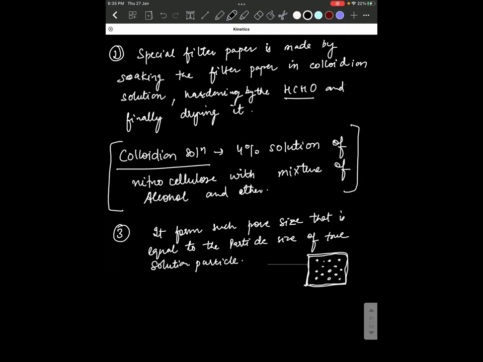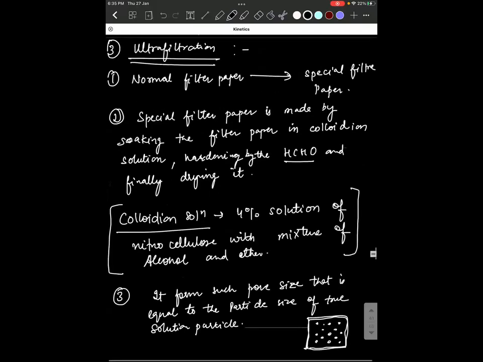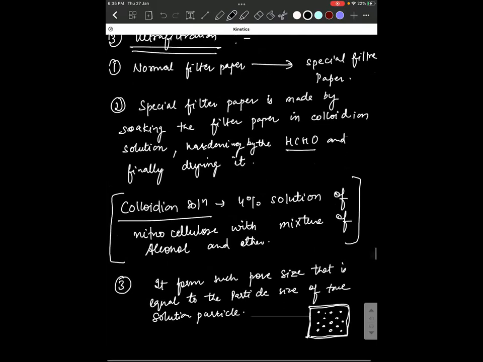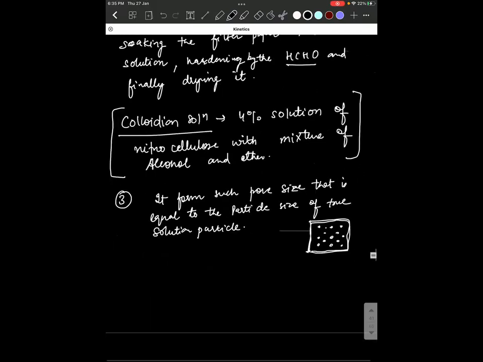So if I pass a mixture of colloidal particles and true solution particles, the true solution particles will pass through this filter paper, and the colloidal particles will remain on the filter paper. Then we can dry those colloidal particles and extract them. So by this method also, we can purify the colloidal solution or the colloidal particles.